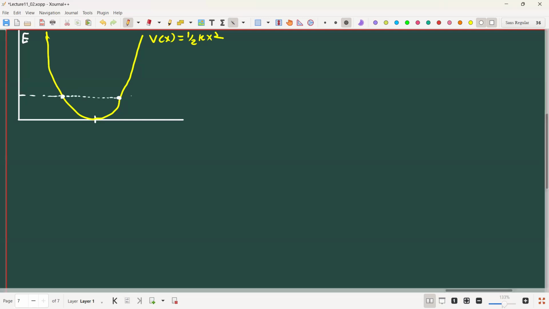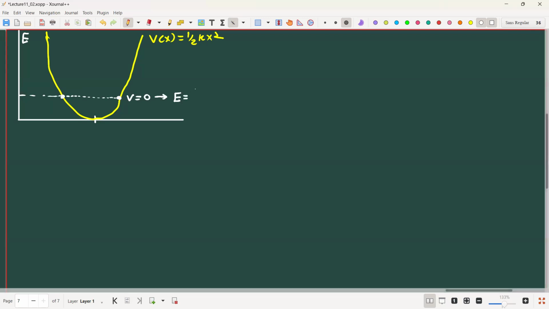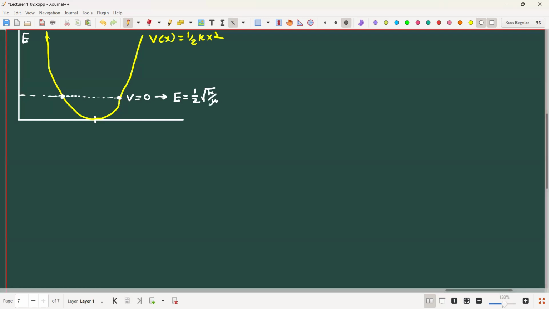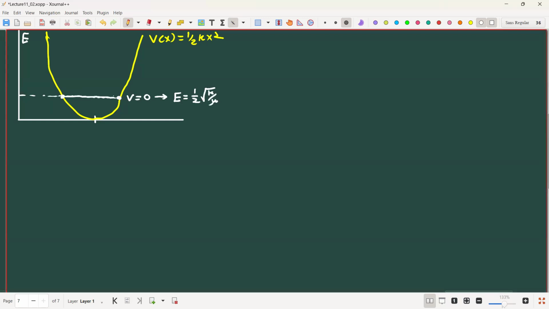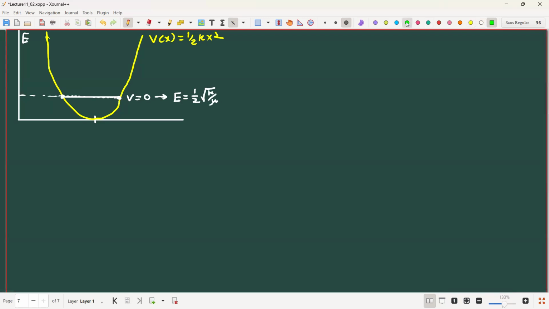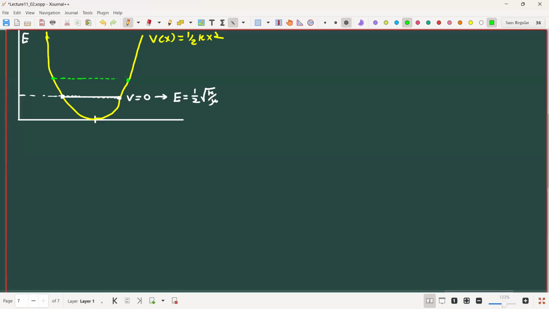So the first set of turning points you can choose are these, which corresponds to the v equals 0 state, which has energy 1/2 k over mu. Right, so I could set my spring there and let it go. Or the next option, the next available stable point would be at v equals 1, energy 3/2 k over mu.